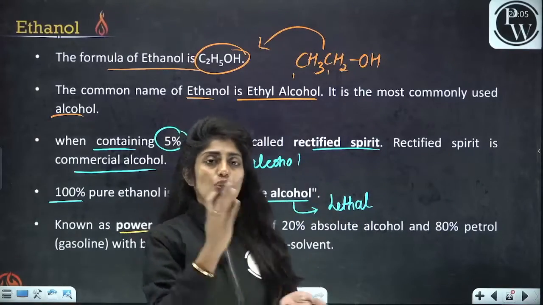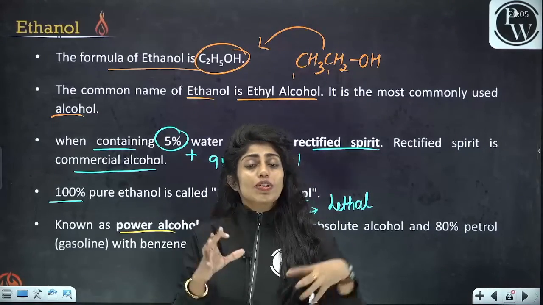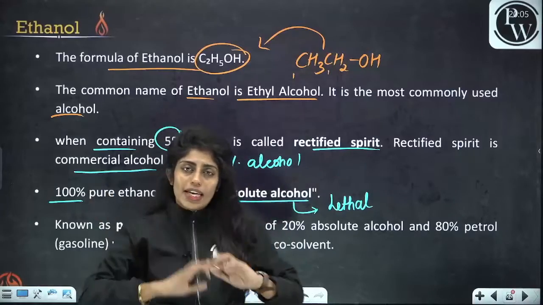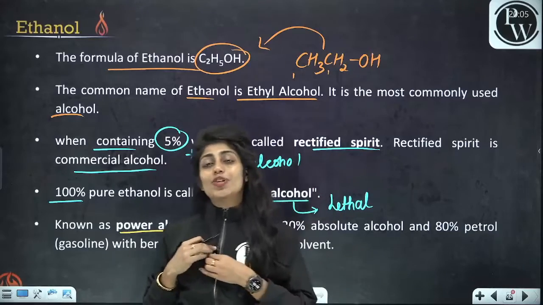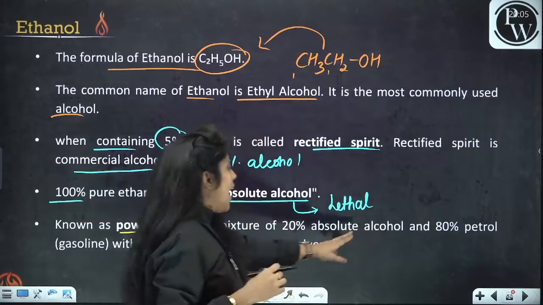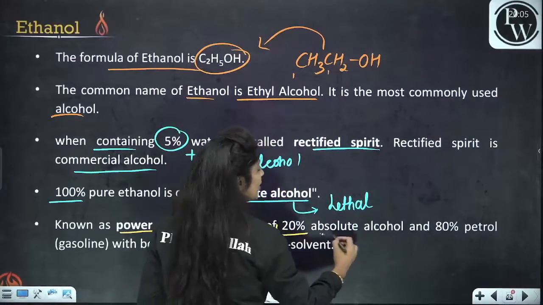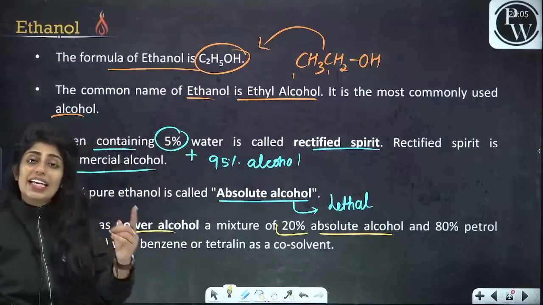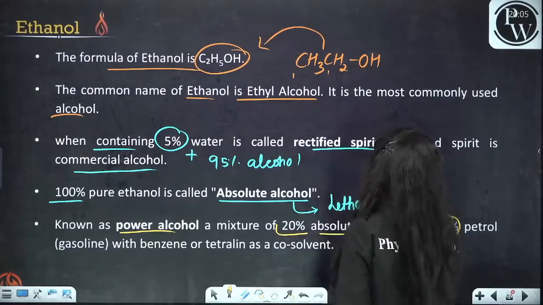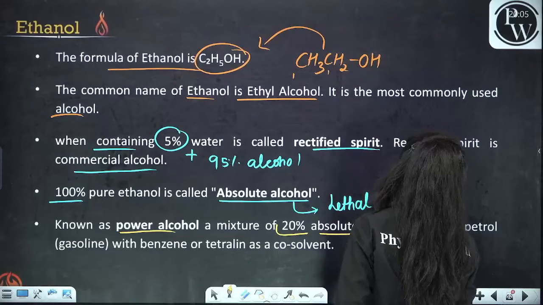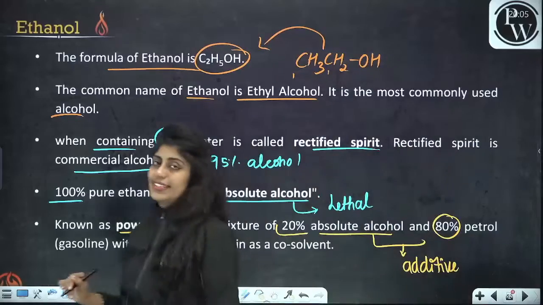It does not stick to your engine, because petrol, or the diesel, has a sticking property. In order to prevent that, we use some additives. So in some countries we use alcohol as the additive. So what is the composition? 20% absolute alcohol, that means 100% alcohol, and 80% petrol is used as the additive in the fuels, right, in some countries. Are we good?